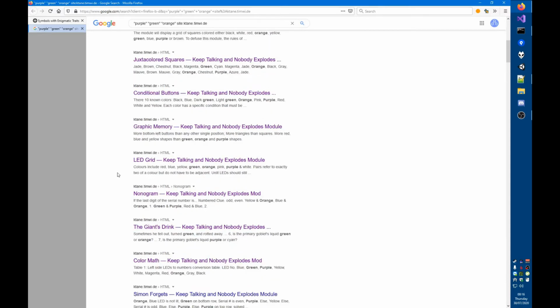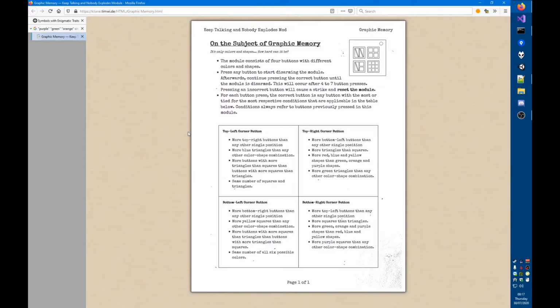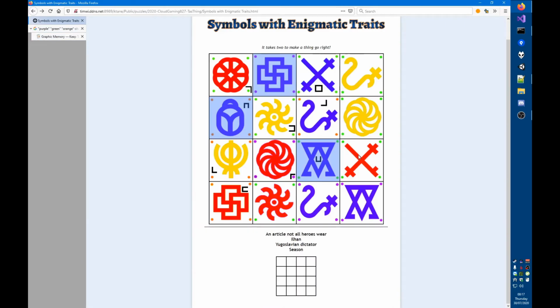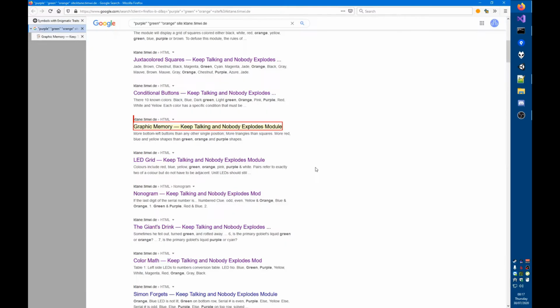Okay, graphic memory has some rules regarding... Hang on. Yeah, so green, orange, and purple are indeed one of the... Right, but then here they are mixed up with the other 3, which are red, blue, and yellow. Oh, wait a second, red, blue, and yellow, that is exactly the colors of the shapes. Assuming this purplish blue is actually supposed to be a blue, which is reasonable.